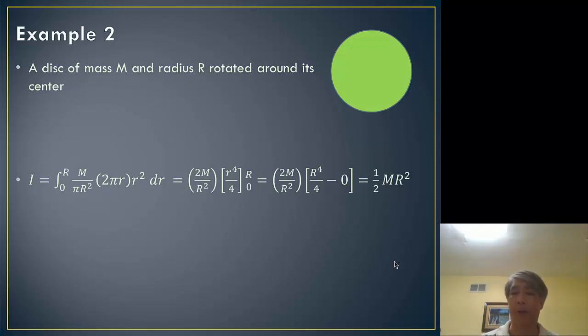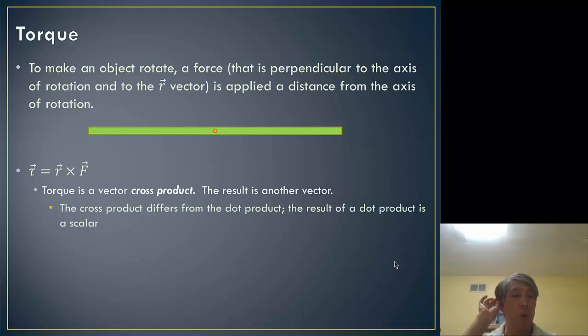So when I use torque to make an object rotate, I apply a force perpendicular to the axis of rotation and to the r vector, r being where I apply it relative to the point of rotation. When I apply a force a distance from the axis of rotation, that's going to be torque.